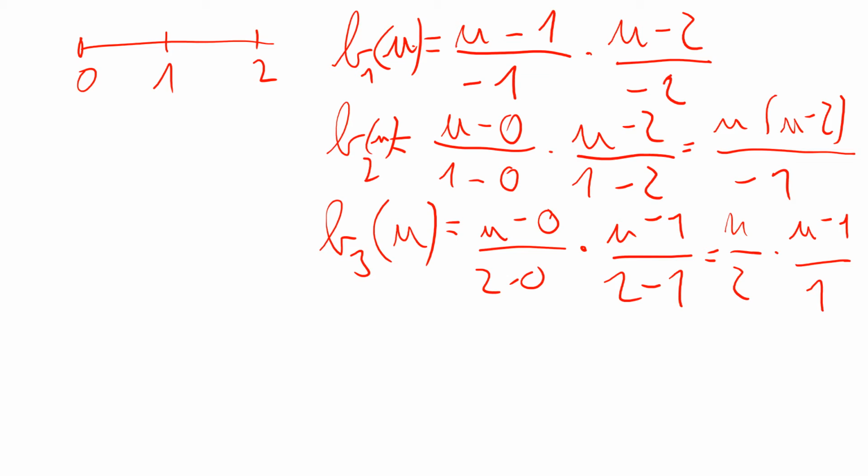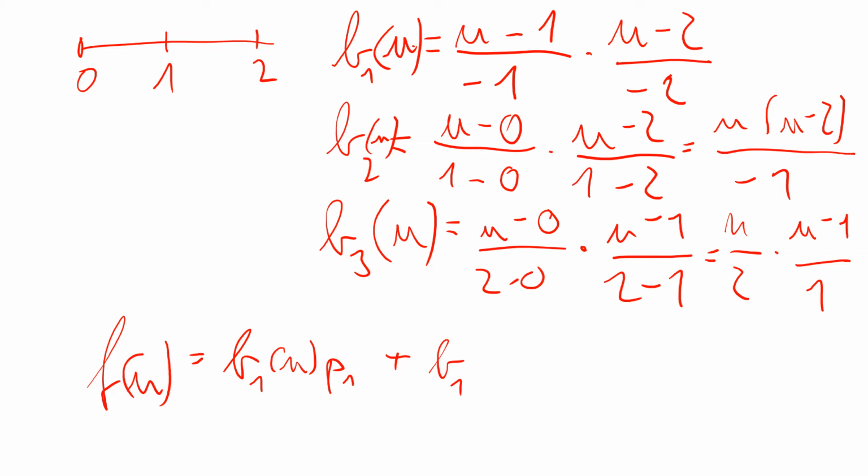So these are our three polynomials, and our final function f u will be equal to B1 u times p1 plus B2 u times p2 plus B3 u times p3. So this is an interpolating function, which will now be a quadratic function.